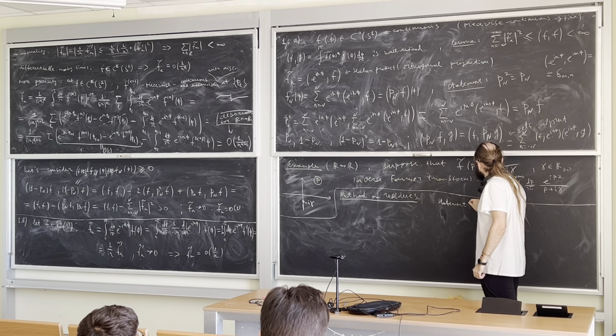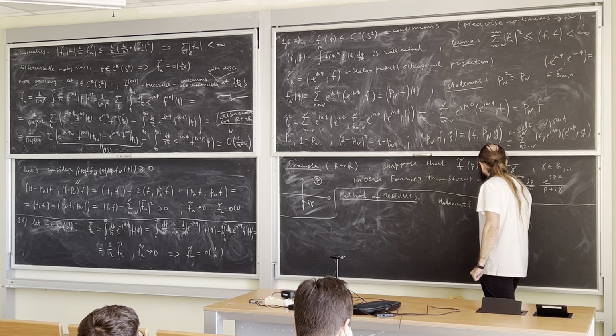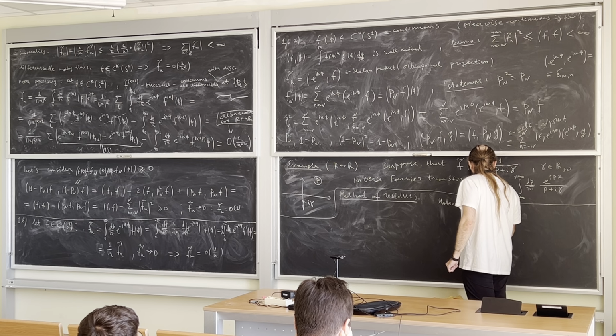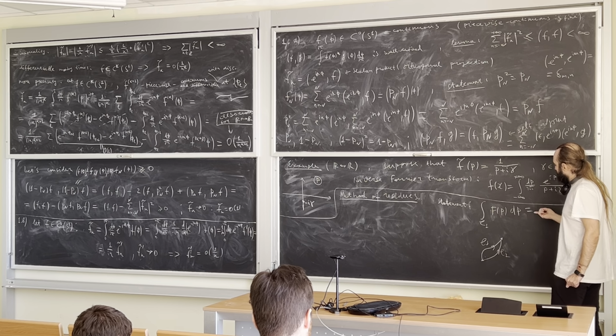In any case, it is a simple statement that if you have two integrals over two different contours of a function, let's call it f of p dp, over some contour C1 and over some other contour C2, then these integrals are equal.